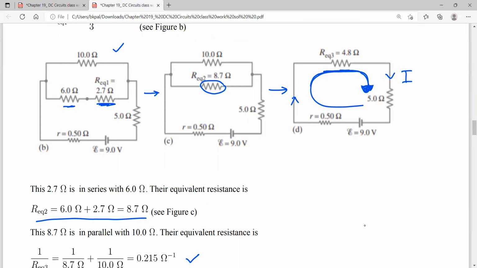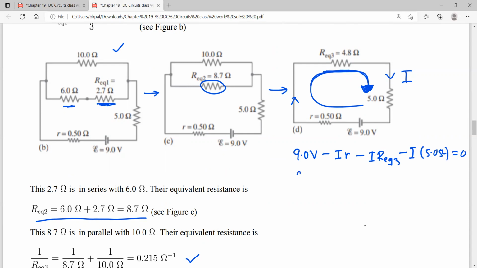If I write the equation for the loop rule for this loop, I get 9 volt minus I R, minus I Req 3, minus I 5 omega equal to 0.